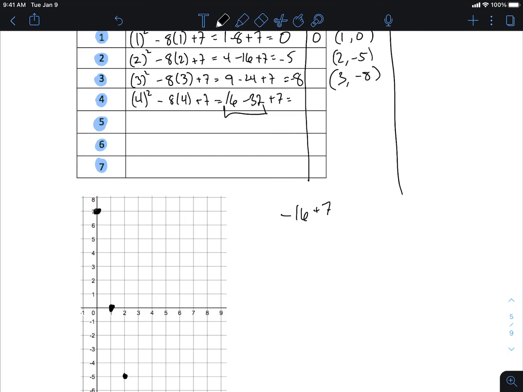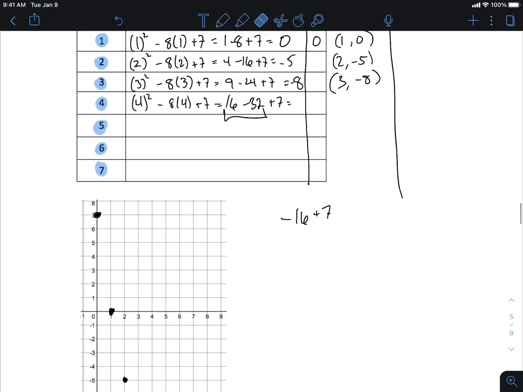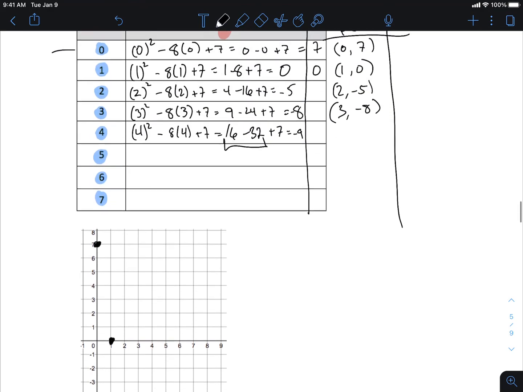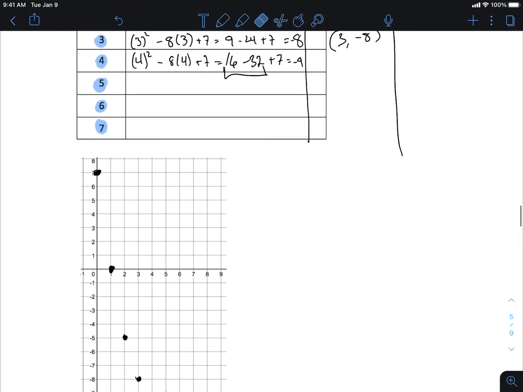It's okay, right? That should be negative 9. Oh, I got a little ahead of myself. I was looking for an answer that's not the answer. Okay, so 4 is going to be negative 9. And this is starting to look familiar, right? Okay, and you keep going.